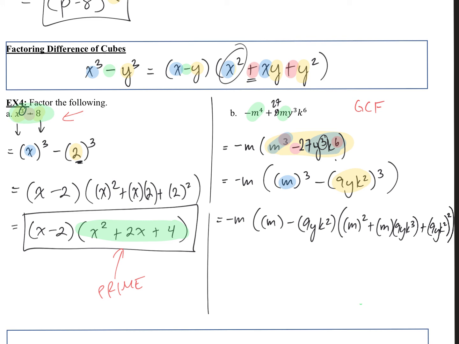Well, we plugged everything into the formula, so all we have to do now is just simplify things, get rid of parentheses, and multiply things out. Alright, so now we have m minus 9yk squared.